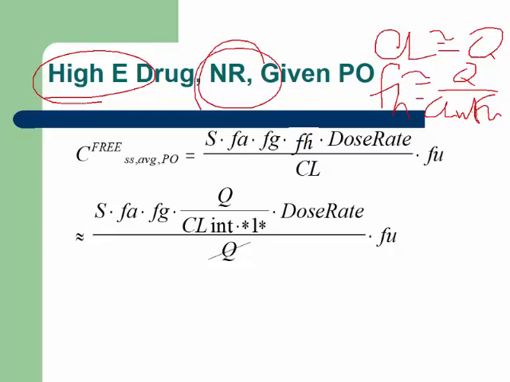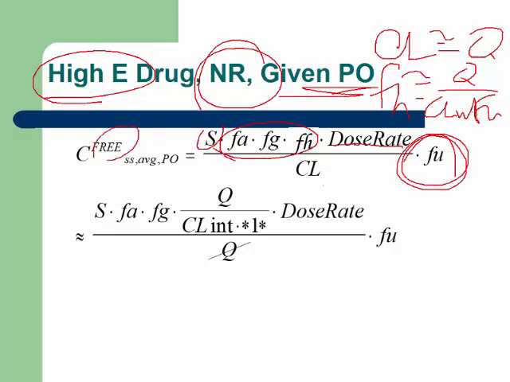Non-restrictively cleared means that the liver sees it all as being free, the protein does not protect it from being cleared, and it's given PO, so we have to consider bioavailability. So again, salt form times bioavailability times dose rate over clearance, but we have to multiply it times fraction unbound to get that free concentration.